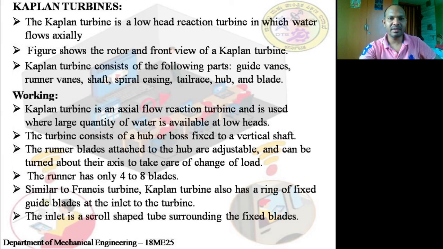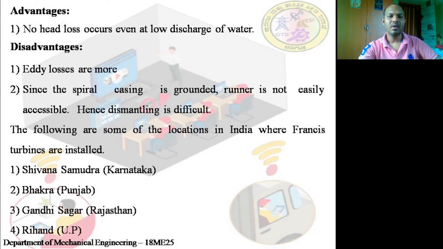Advantages and disadvantages. Now, no head loss occurs even at low discharge of water. So the maximum head is being used in this reaction turbine. Disadvantages: eddy losses are more. Eddy losses means when it goes through the spiral, eddy flow takes place.